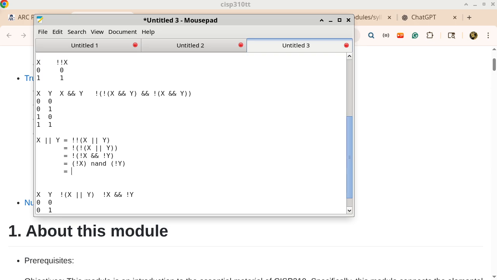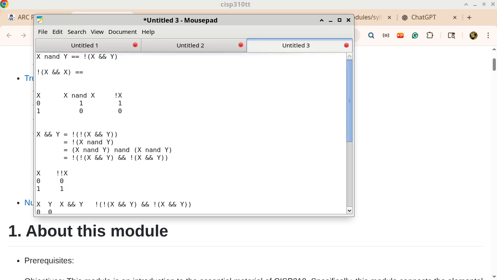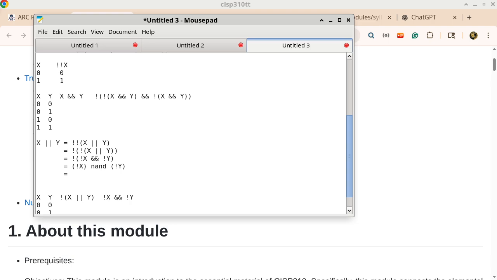Well, we learned that way earlier, because we concluded that not X is really just X NAND X. So now we can reapply that technique over here and say this part is really just X NAND X, and the other part is just Y NAND Y.